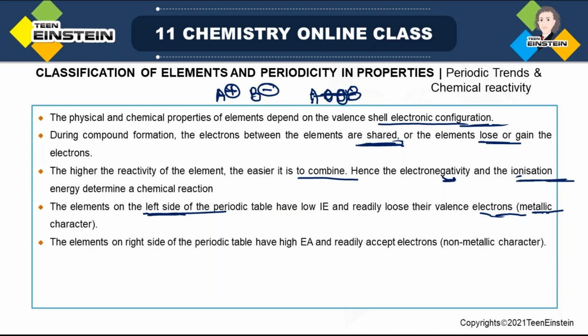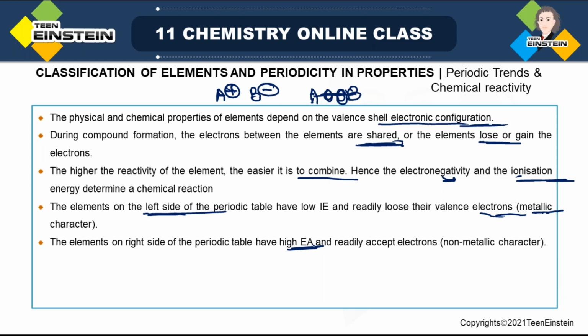Now if you go to the right hand side of the periodic table, you will see mostly highly electronegative elements, especially if you move to the top right corner, which are most highly electronegative, or you can say have high electron affinity. That means their electron gain enthalpy is very high.